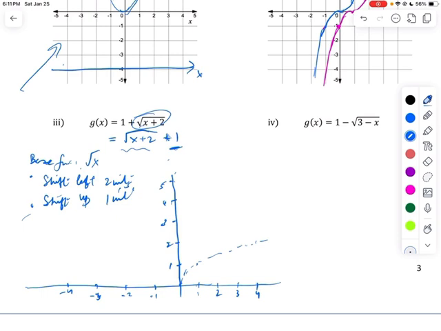So when you shift the (0, 0) to the left, we arrive at (-2, 0). And then the (1, 1) will go to (-1, 1), and the (4, 2) will go to (2, 2).